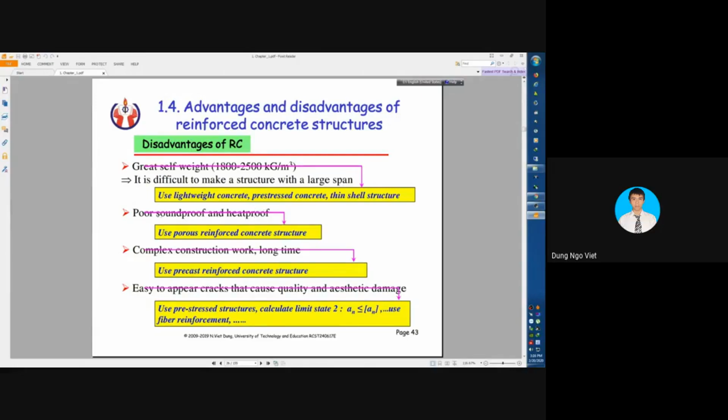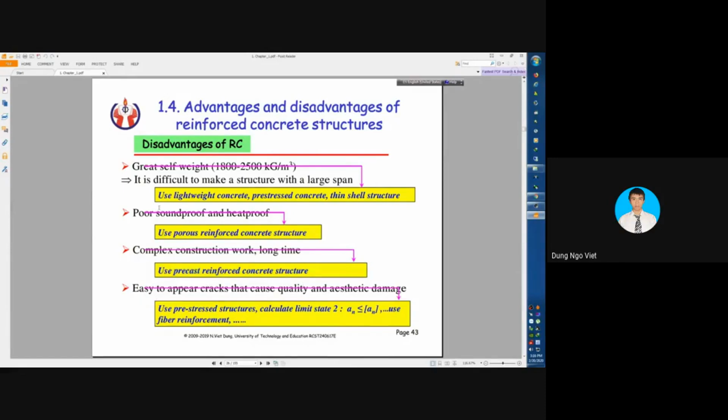So to avoid this disadvantage, we use porous reinforced concrete structure. And the third one is the complex construction work and long time. So to reduce the time for construction work, we use precast reinforced concrete structure.